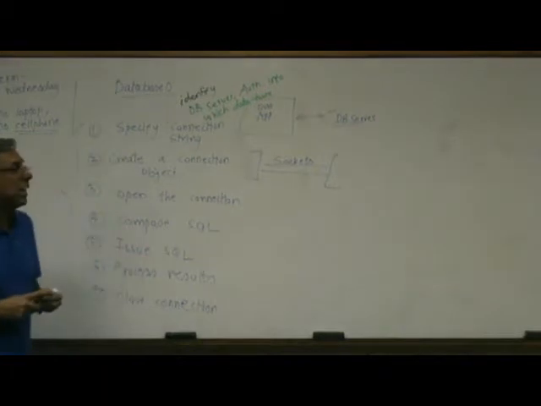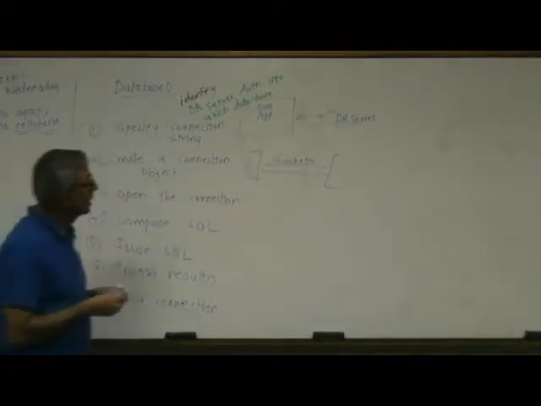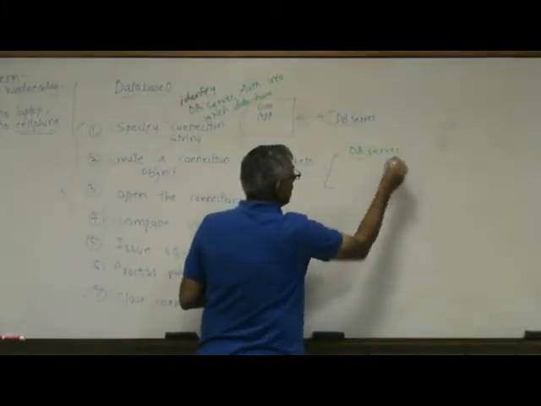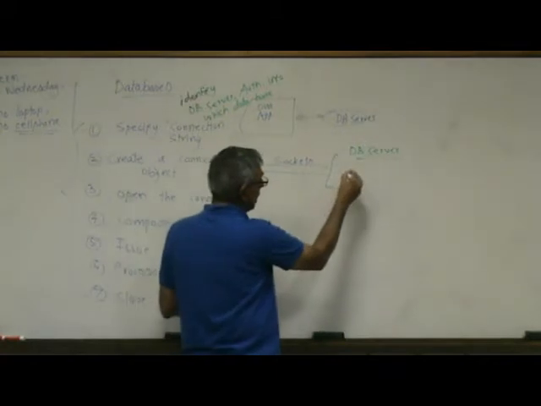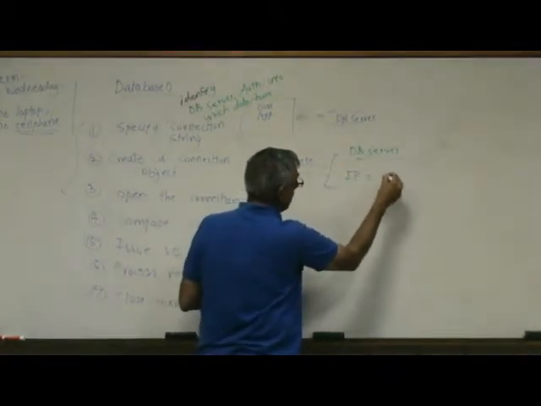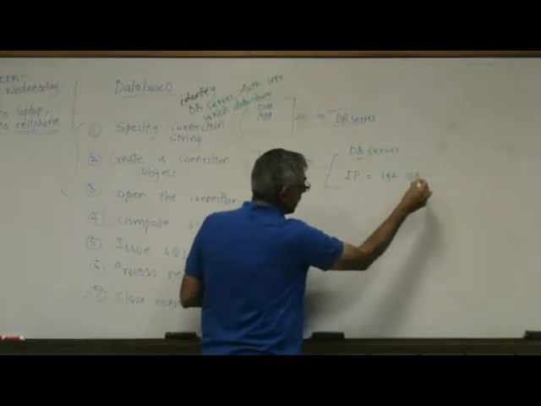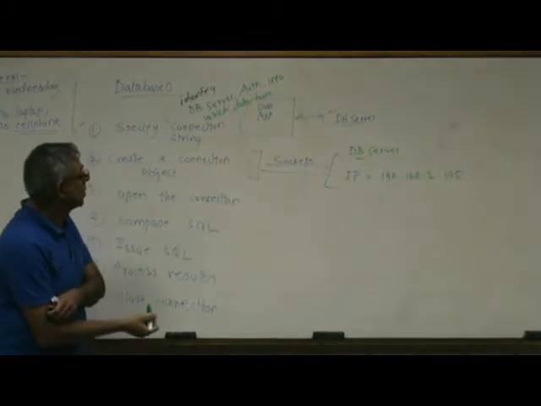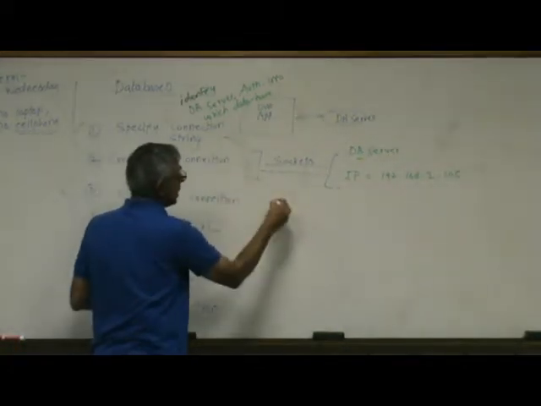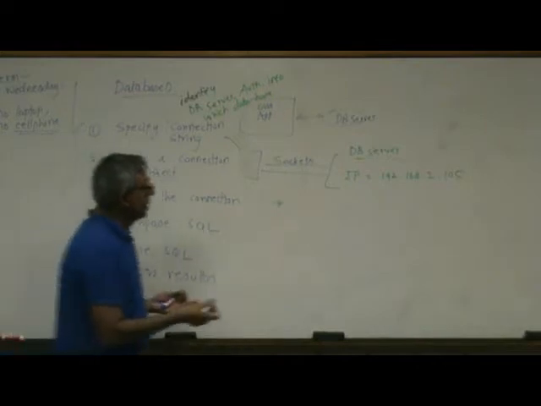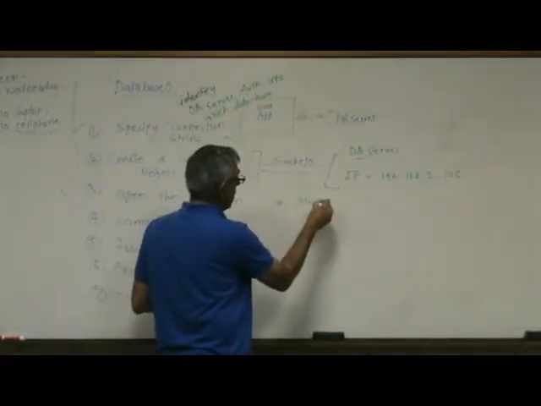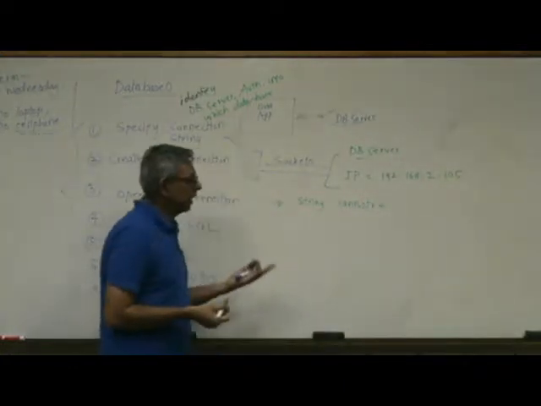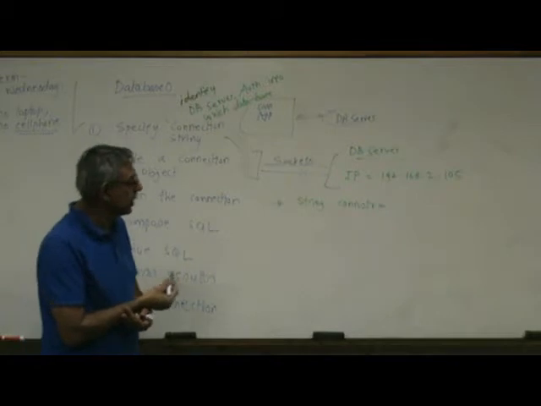To give you an idea, let's say your database server is on a different machine, and the machine has an IP address, let's pretend 192.168.2.105. Once you're specifying a connection string, this is just a string, so it will look something like this: string, and you can call it anything you feel like. I typically call it constr, short for connection string.